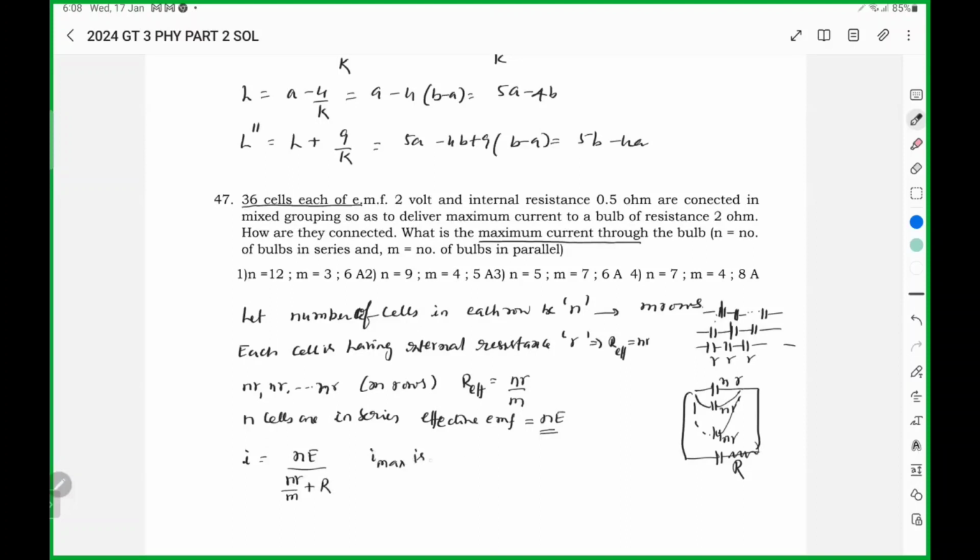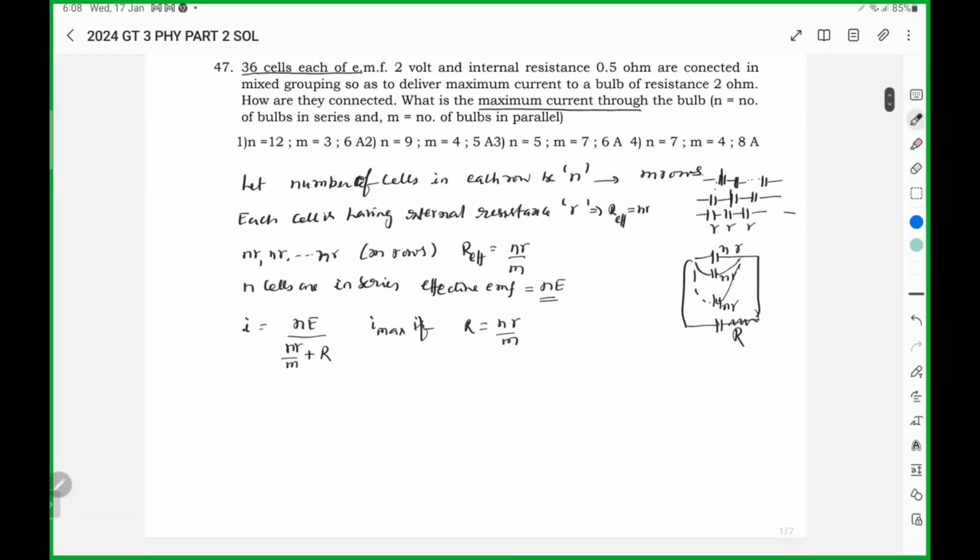The current will be maximum if the external resistance is equal to the internal resistance. Your external resistance is 2. Internal resistance is nr by m, r is 0.5. From here, n is 4m. The total number of cells is n times m, which is 36.